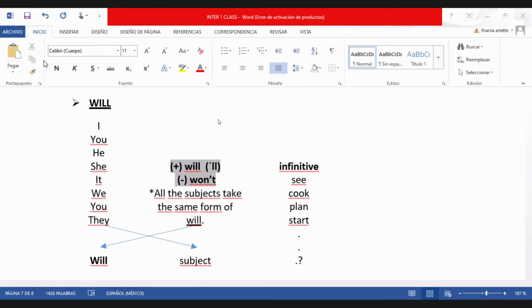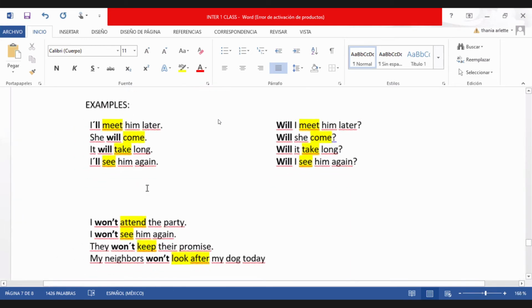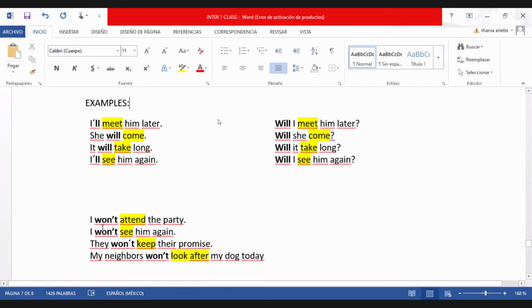In this structure, remember you have the three, the affirmative, the negative, and the question form. If you have questions, well, you can tell me now or you can tell me later. And well, the next part of it, they are the examples in affirmative, in the negative, and the question form.